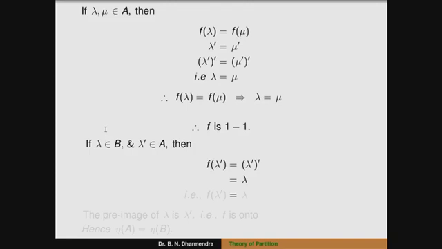So f of lambda dash is equal to lambda. Hence the pre-image of lambda is lambda dash, hence f is onto. Therefore the cardinality of A is equal to the cardinality of B. So hence the theorem. We have to end this session.